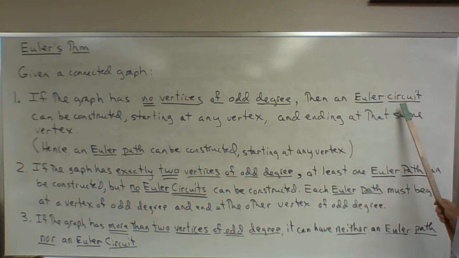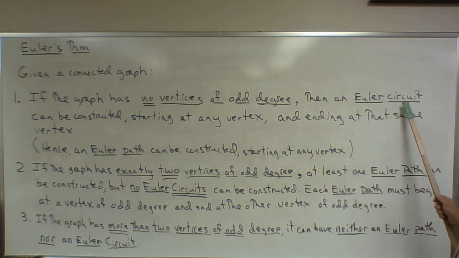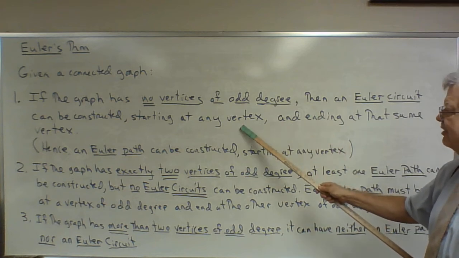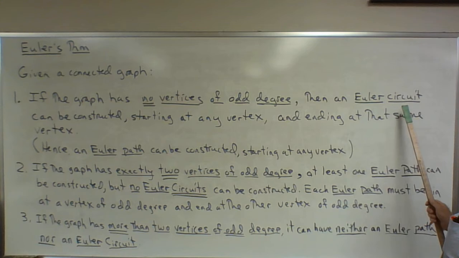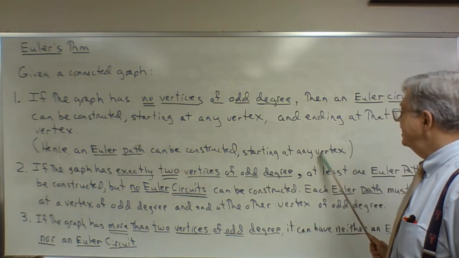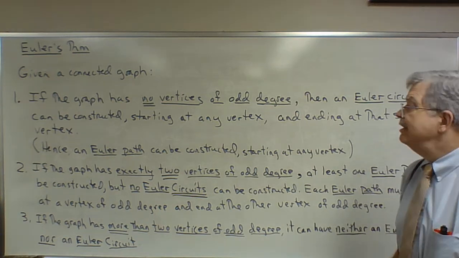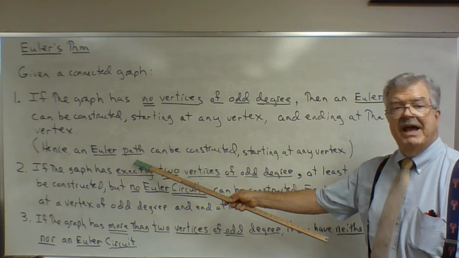Well, if we can construct an Euler circuit at any vertex and have it end at that vertex, we can surely construct an Euler path starting at any vertex, because every Euler circuit is also an Euler path.